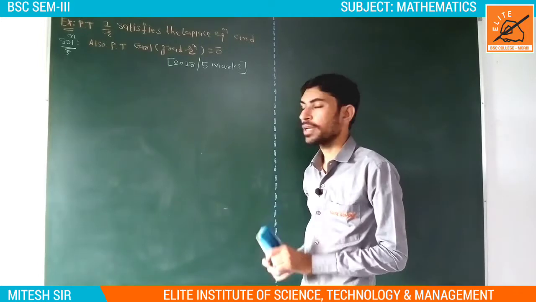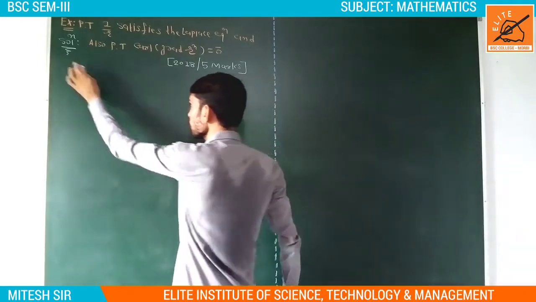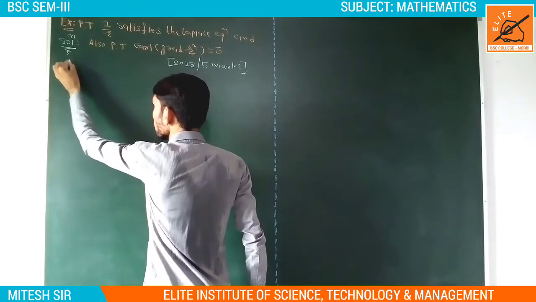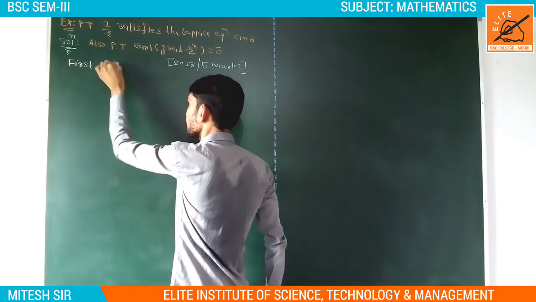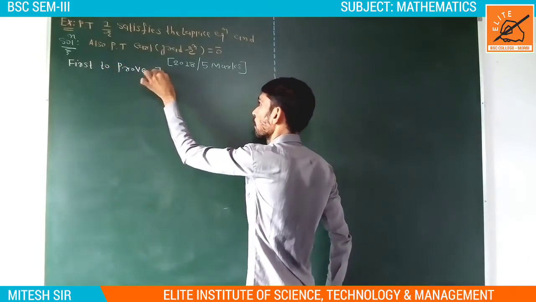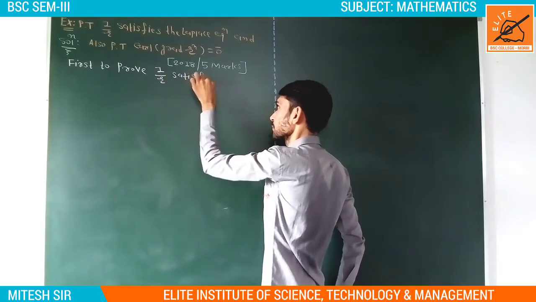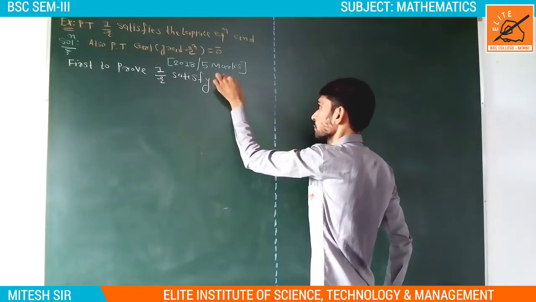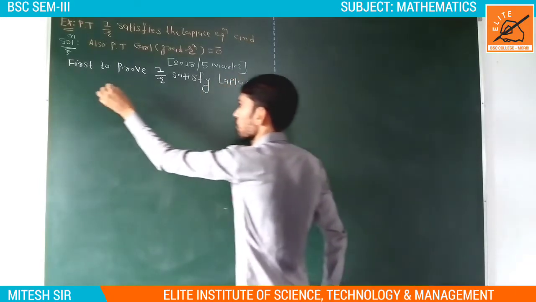So first of all here we prove 1 upon r satisfies the Laplace equation. Let's see the solution. So here we write: first to prove 1 upon r satisfies the Laplace equation.